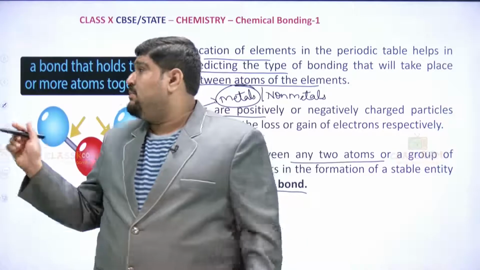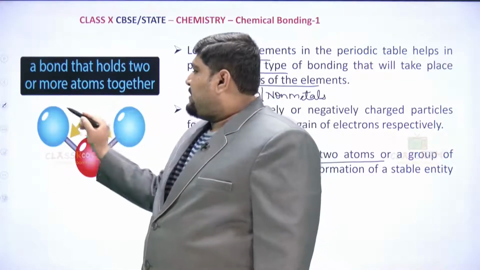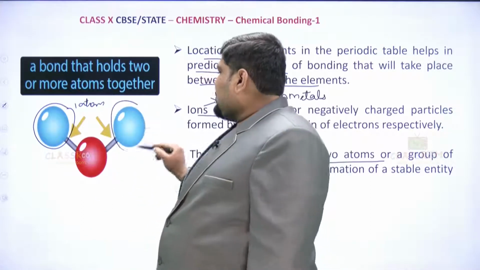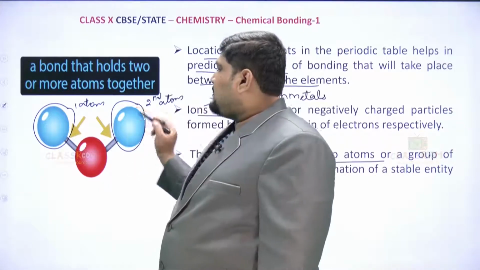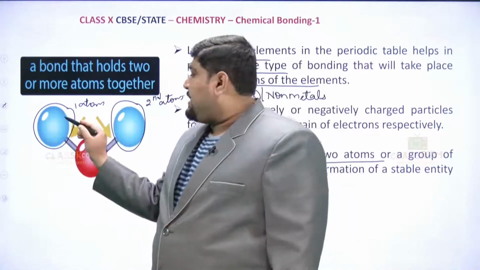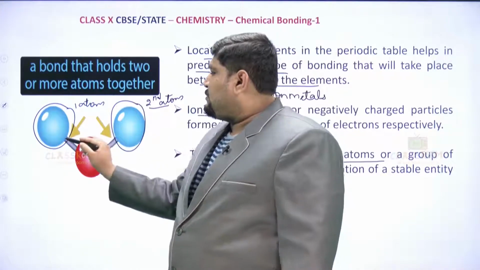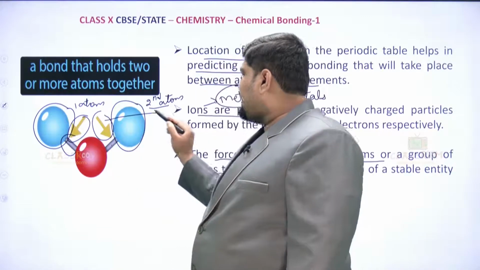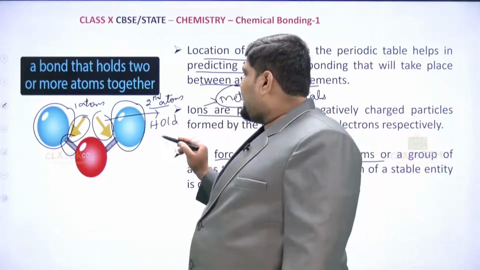You can see an example here, a bond that holds two or more atoms together. This is the first atom, and this is your second atom. When this one atom and the other atom are grouped together, these arrows give a very clear indication that they are held by some forces.